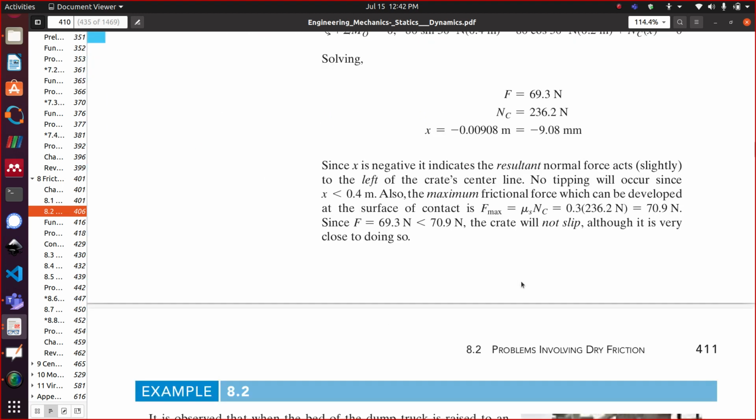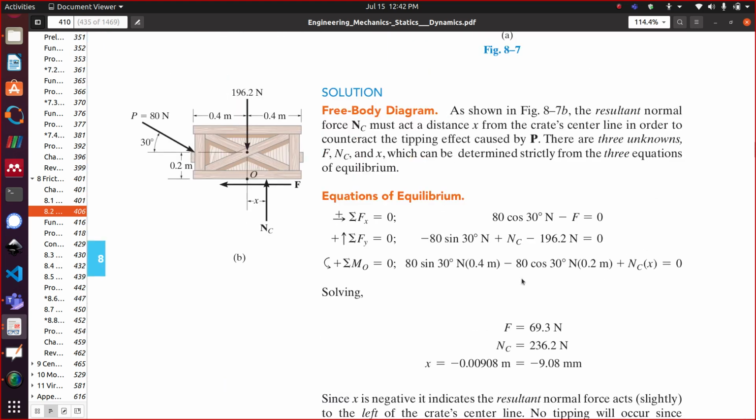And we figure out whether the object is in equilibrium or not.